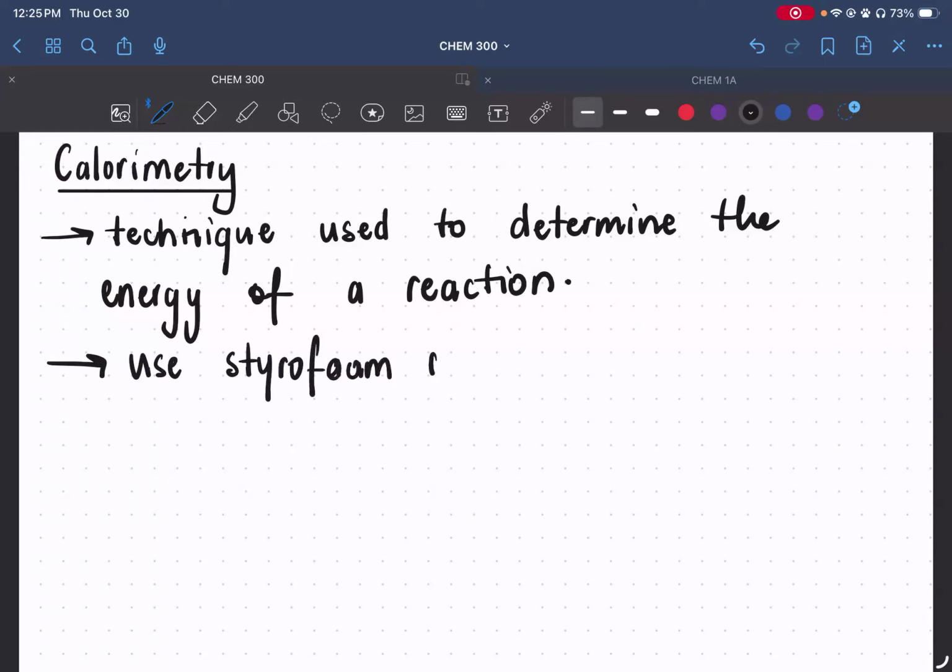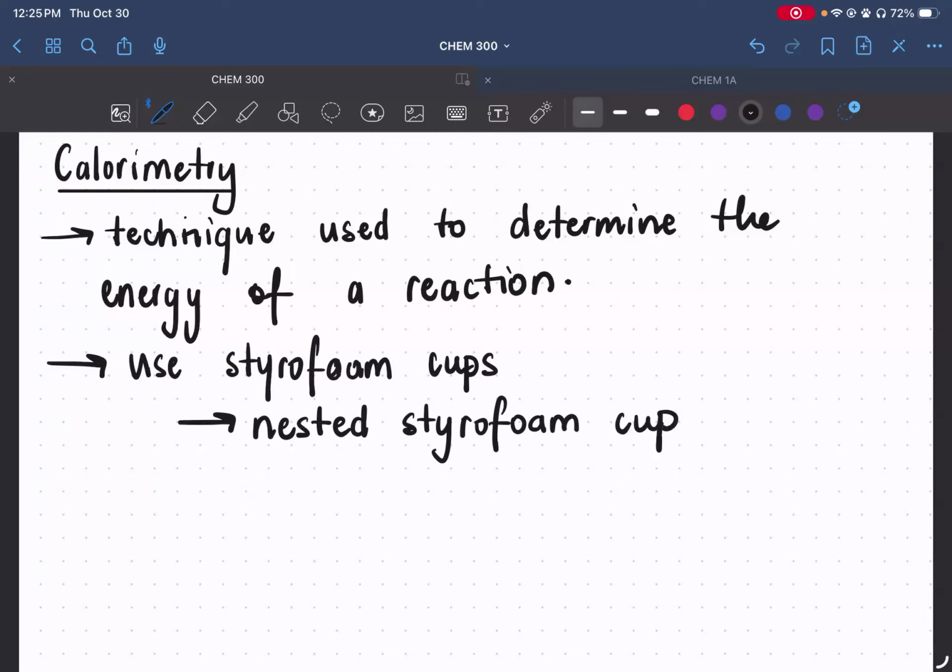See, styrofoam as a material is very well insulated. So when we talk about calorimetry, what we're literally doing is we're nesting those styrofoam cups. And what do I mean by nesting? If you've ever seen or heard of those Russian dolls, they're just one after another as they get smaller. The same idea.